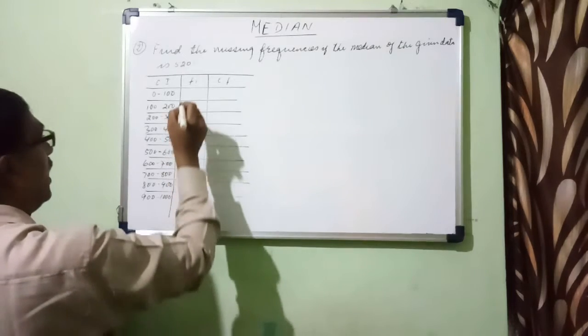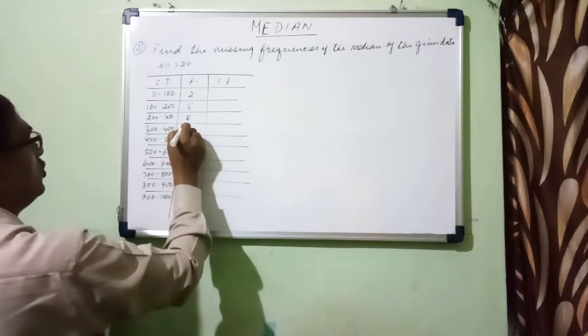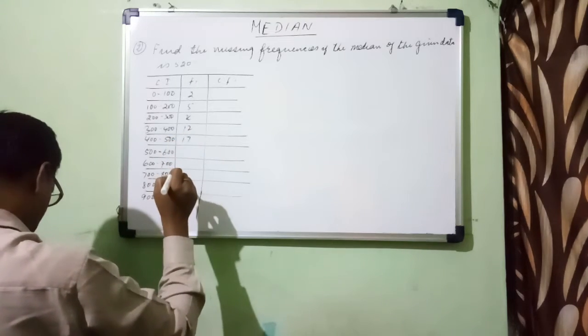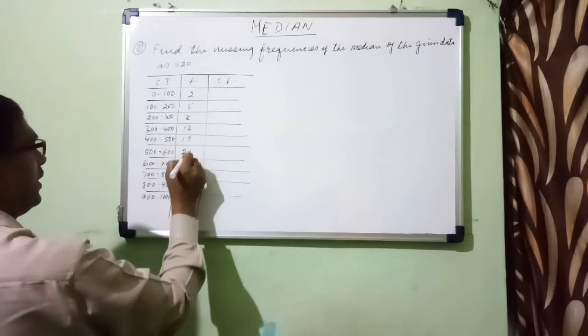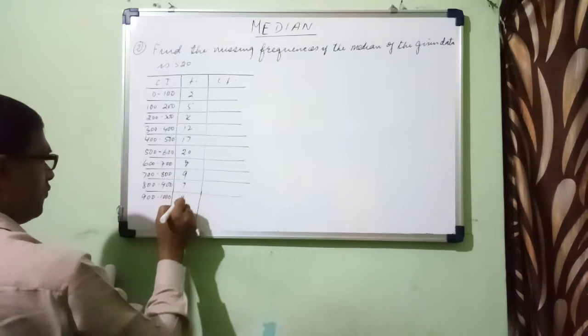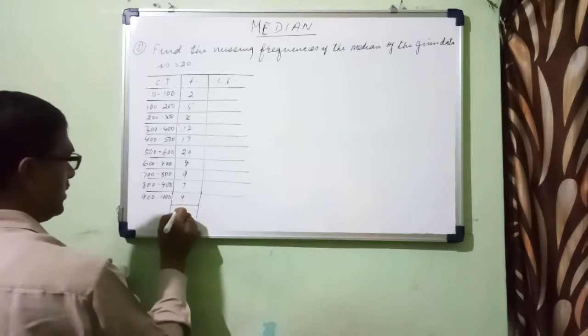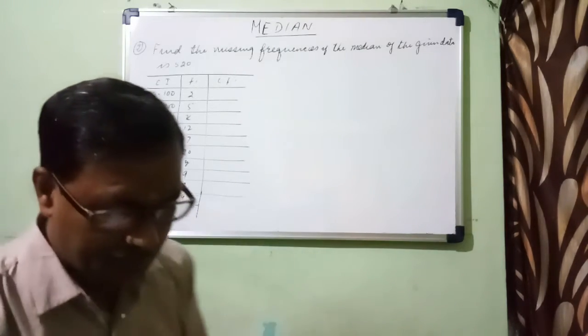And the frequencies are 2, 5, X, 12, 17, 20, Y, 9, 7, 4, and the total frequency given here is 100.